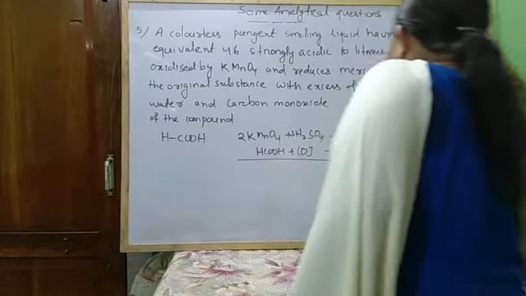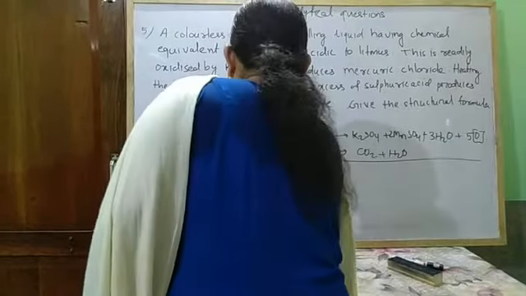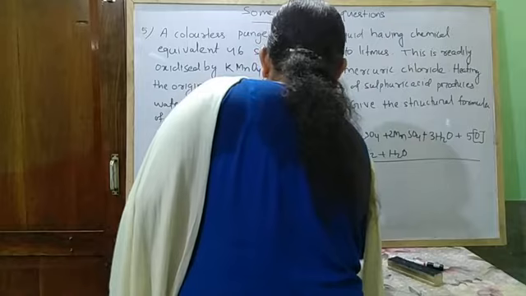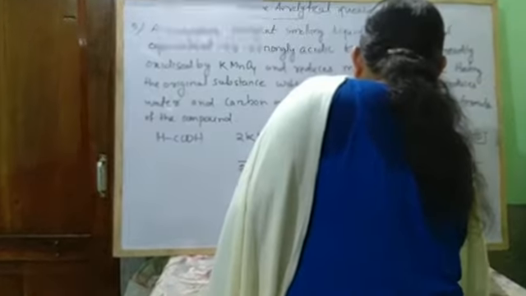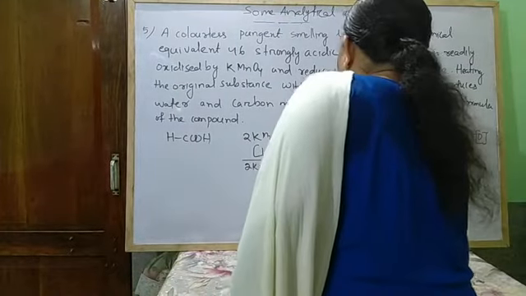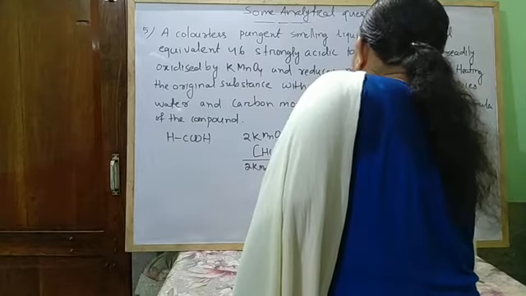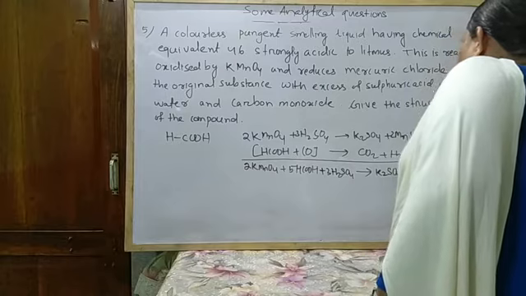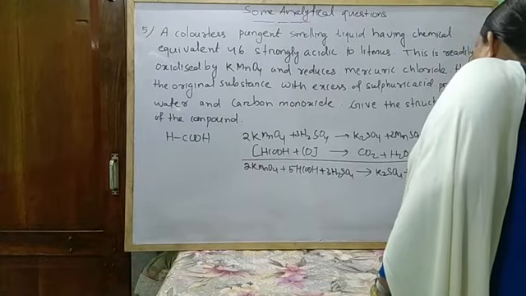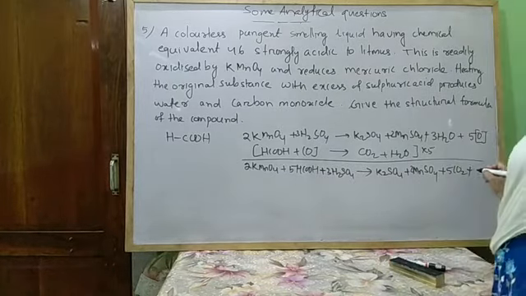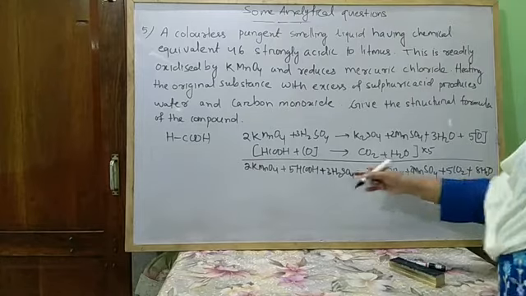So the resultant, with 5 oxygen multiplied by 5, gives rise to potassium sulfate, manganese sulfate and so on. So it is oxidized by potassium permanganate.